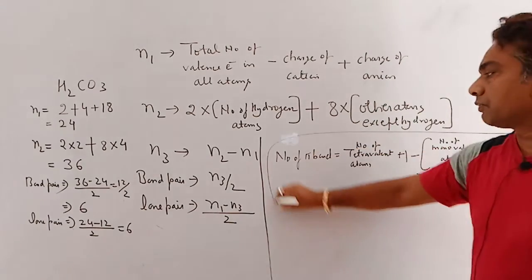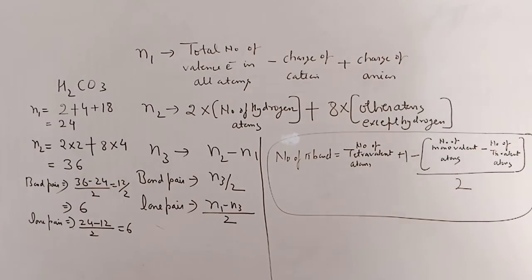Here is the formula for the number of pi bonds. Clear?